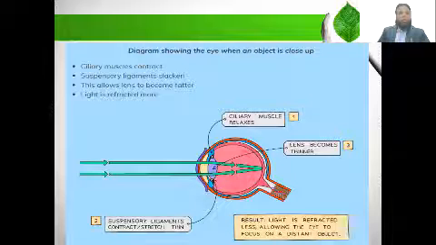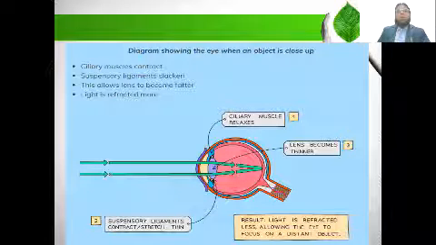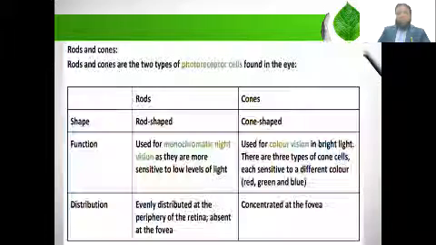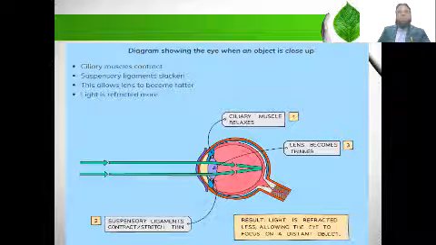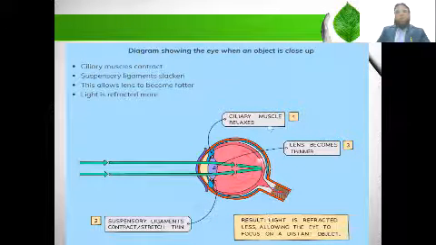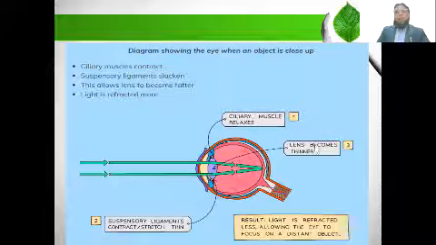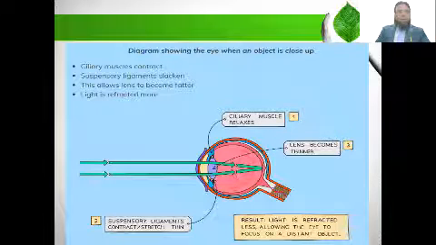Now, if you see something that is very far from you, see what happens. The ciliary muscles relax and the lens becomes thinner and the suspensory ligaments tighten.